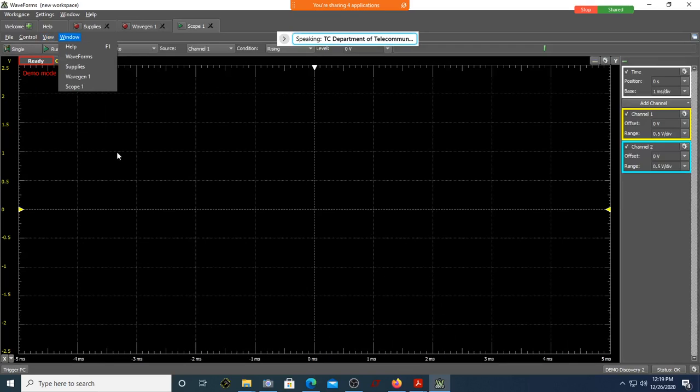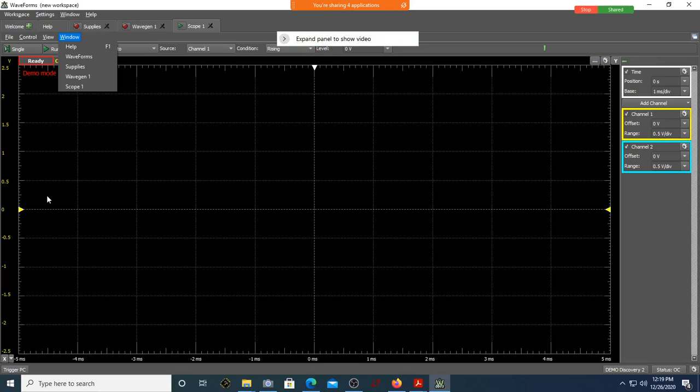Can you see? By default, these are the settings. Can you read this? Someone, Vilas? Read it on the right hand side. Channel 1. Volt per division, that is important.